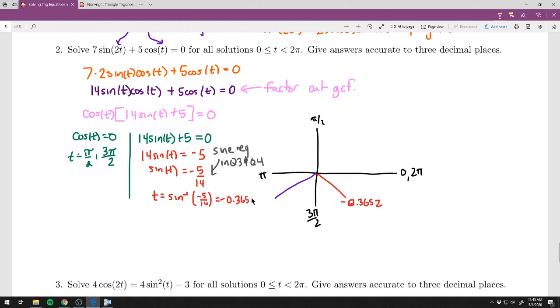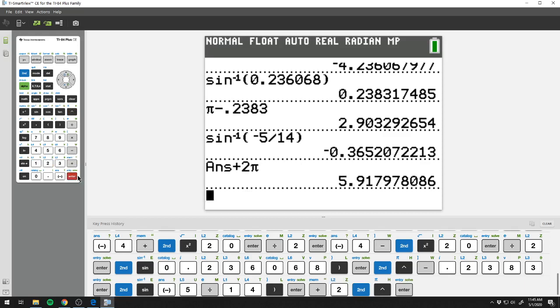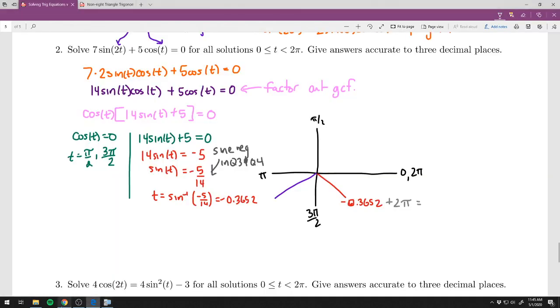But like we talked about before, this isn't going to be one of our answers, even though it's coterminal to it. To get it between 0 and 2 pi, we add 2 pi. So just add 2 pi to what we just got. And we get 5.918, rounded to 3 spots. Since that's our answer, we don't have to round that one any further.